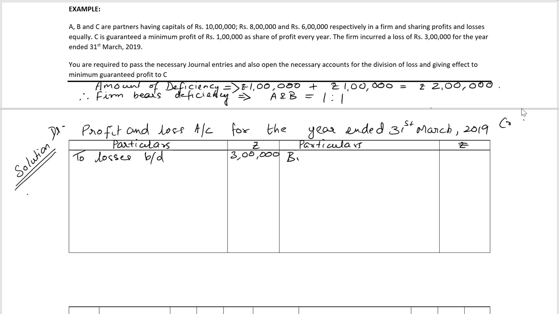Next, we'll divide the loss among the partners in their profit sharing ratio by loss transferred to partners' capital accounts A, B and C. Each partner's share of loss is rupees 1 lakh.